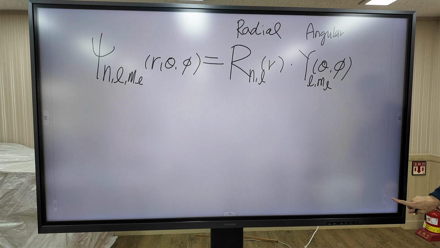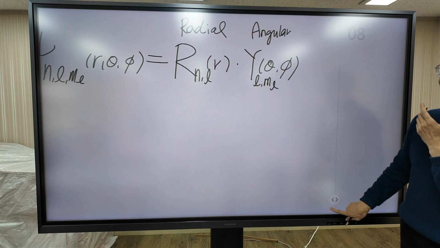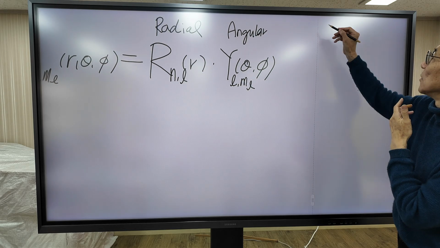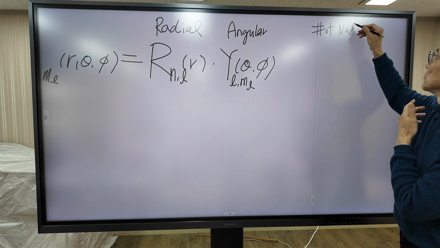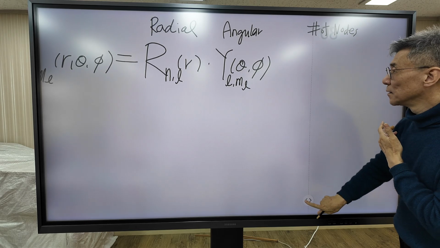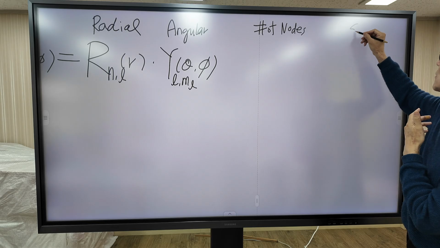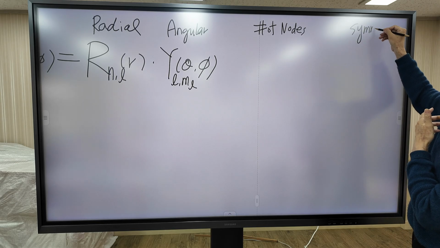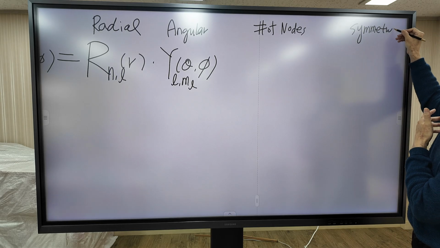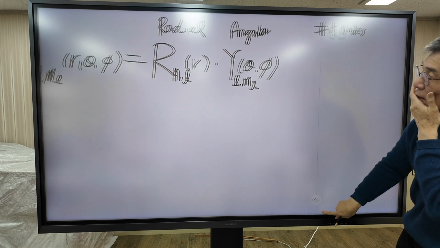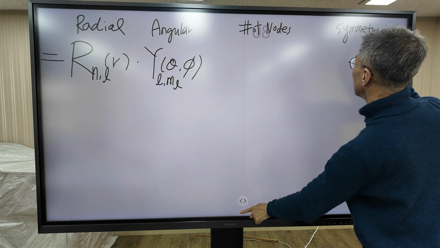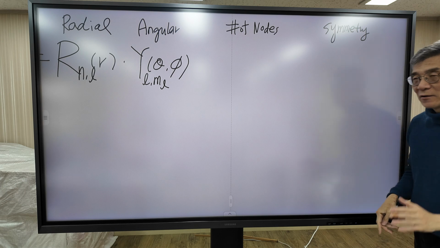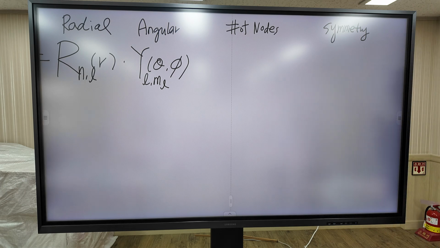Now I'm going to check the number of nodes and symmetry of this wave function. First, I'm going to check symmetry. As you know, you are familiar with the atomic orbitals.